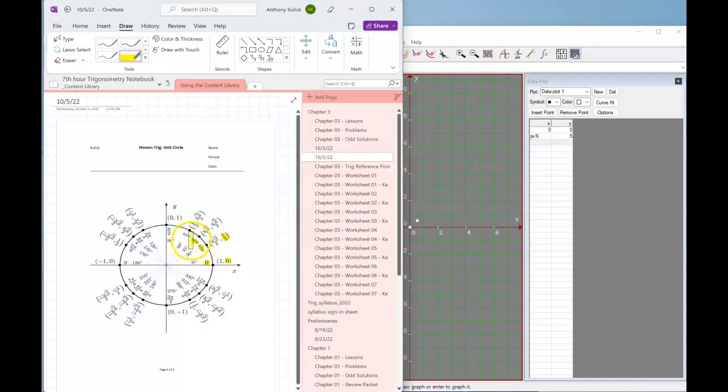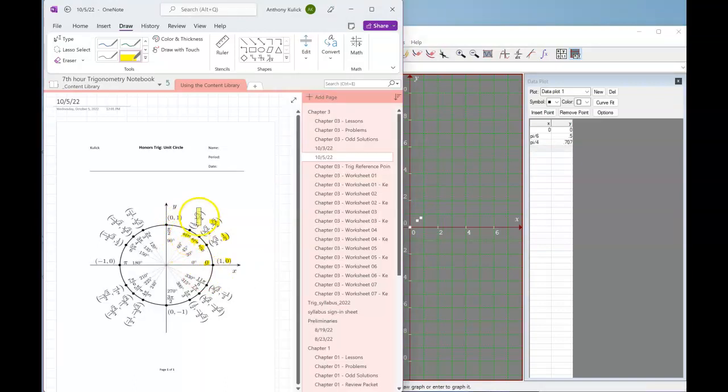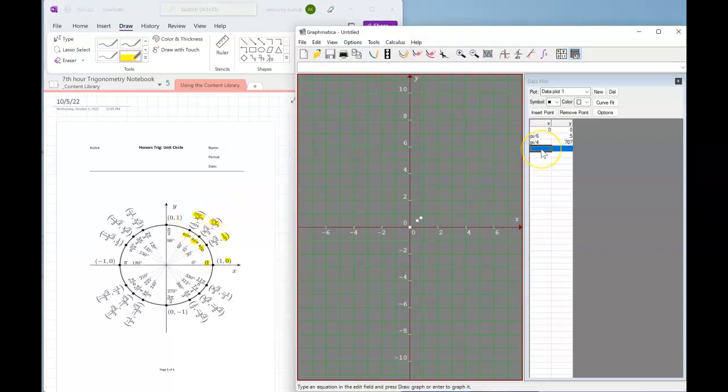And we're going to do pi over 4, root 2 over 2. I'm going to just use the decimal approximation for root 2 over 2, which is 0.707. The next angle is pi over 3, and then the output is square root 3 over 2. Again, I'm going to use the decimal approximation of that, which is 0.866.